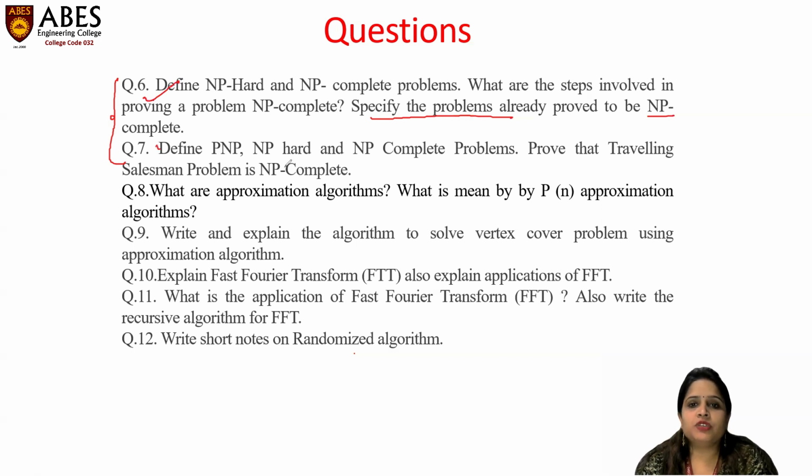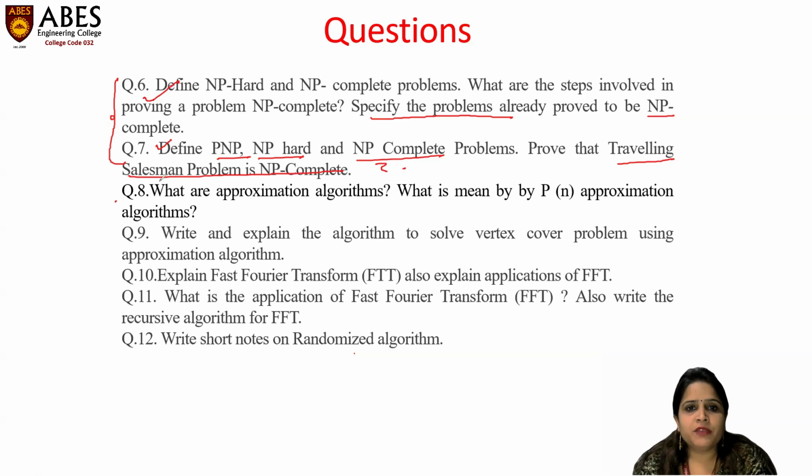Similarly, in question number 7, you explain what is a P problem, then an NP problem, then an NP complete problem. Here you prove whether the traveling salesman problem is an NP complete problem or not. So here you can explain the traveling salesperson problem in detail.